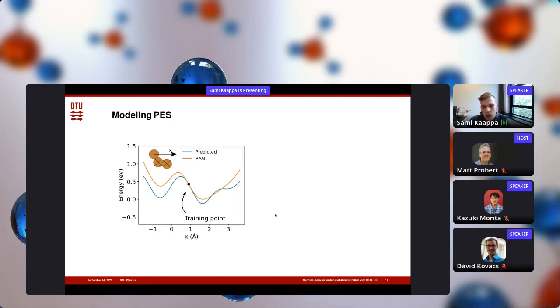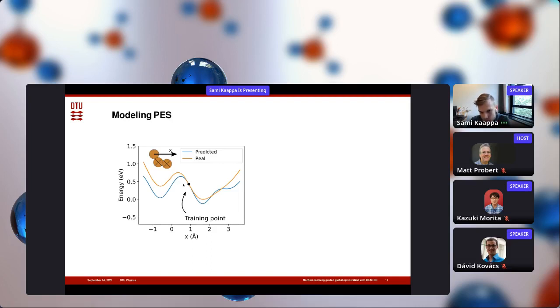Let's look at the model for a second. I'm not going to show the equations for Gaussian processes, but we can have a look at this simple system here, where we move a copper atom in one dimension. And because this is such a simple system, we can actually calculate the full potential energy surface, which is the orange curve here.